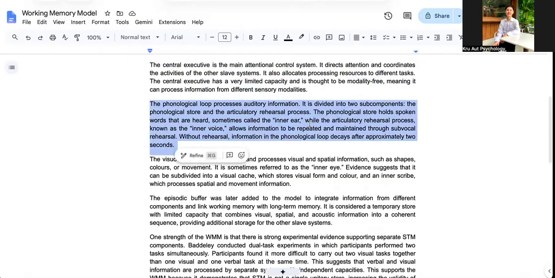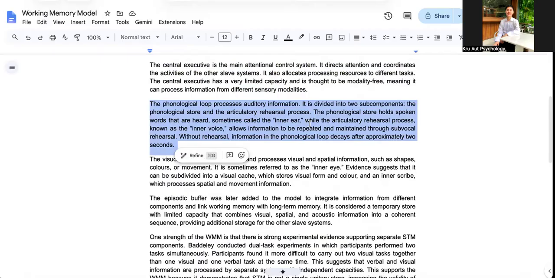Okay, then the phonological loop processes auditory information. It is divided into 2 subcomponents, the phonological store and the articulatory rehearsal process. So we want the names in here, the subcomponents in here, and refer to what they are. The phonological store holds spoken words that are heard, sometimes called the inner ear.